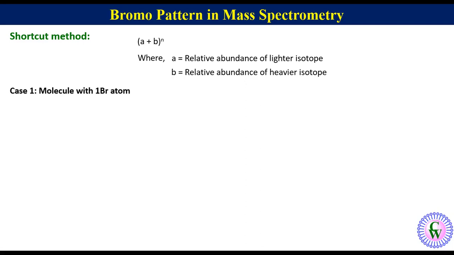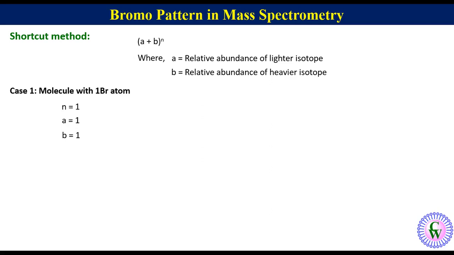So in this case, n is equal to 1, and we know that in the case of bromine, the relative abundance of the lighter isotope, that is Br79, is 1, and that of the heavier isotope, that is Br81, is also 1. So here A is equal to 1 and B is also equal to 1.